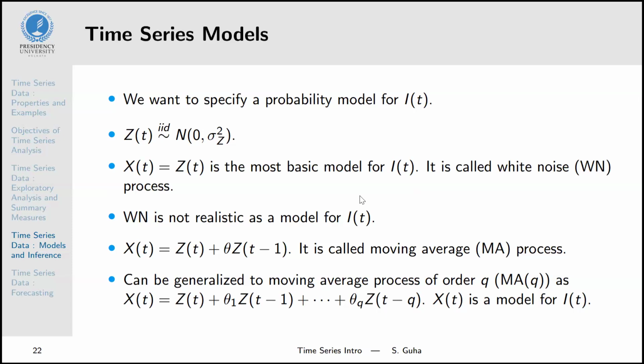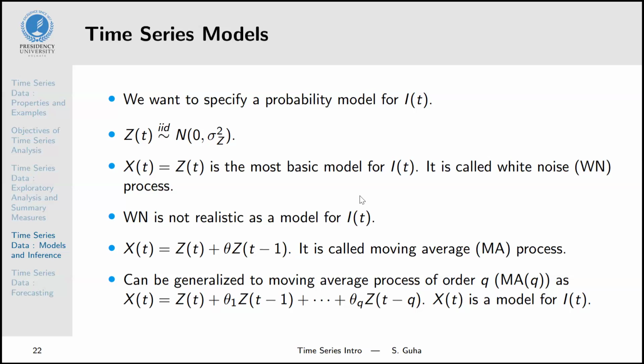This Zt is often called the error process. That way I'm forming the model. So this is called a moving average process, and actually a moving average process of order 1. Why order 1? Because only one theta is there. This concept can be readily generalized to a moving average model of order q.